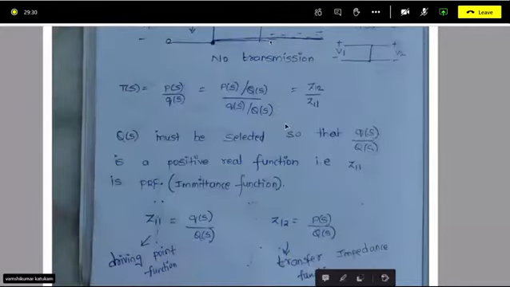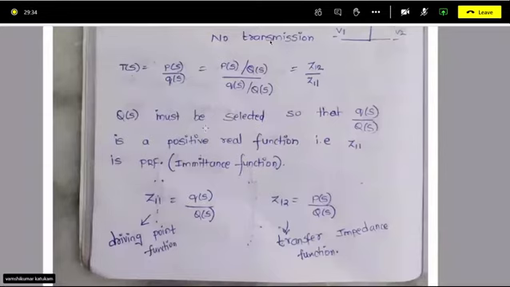Now how must Q of S be selected? There is a criteria for this. Q of S must be selected so that this Q of S upon capital Q of S, which is the denominator, is a positive real function, which is nothing but Z11 if you observe.